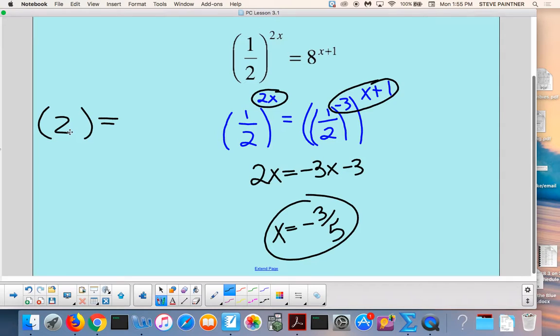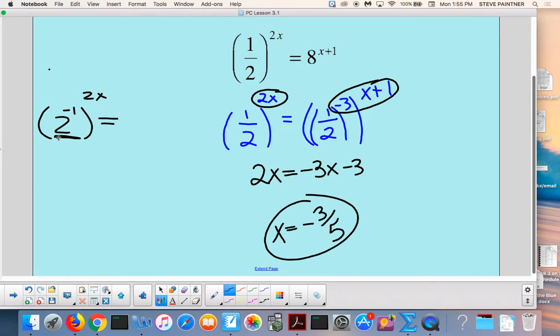Okay, guys, Cassie is doing this. She's saying I'm going to change 1/2 to base 2. So she says 2 to the -1 raised to the 2x. This is working. Isn't this really 1/2?